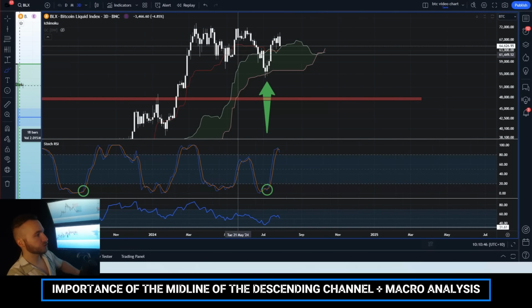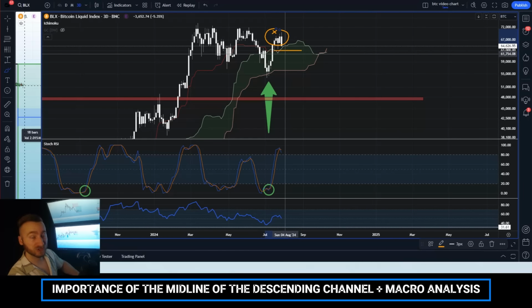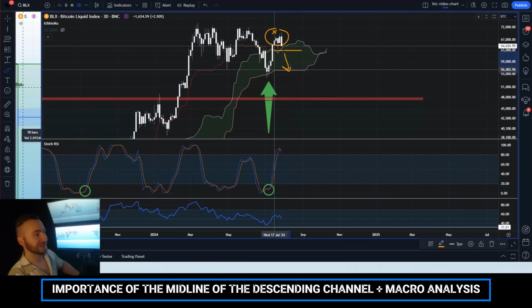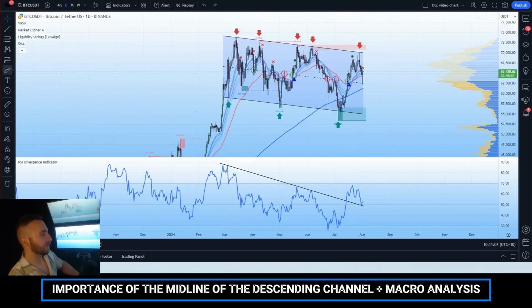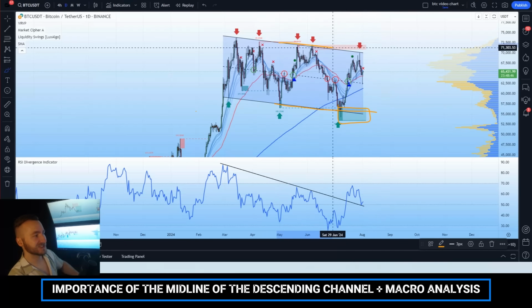If we were to break underneath the Ichimoku cloud baseline on the daily, that would result in failure to sustain above the cloud and would result in a directional continuation to the leading span B. The leading span B is sitting at 55 to 56,000, which lines up perfectly with this liquidity pocket, which also lines up with the descending trend line of the descending channel formation.